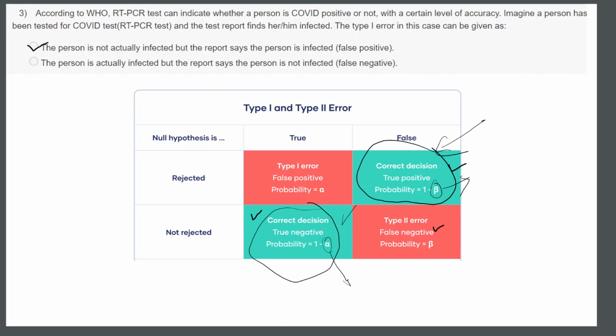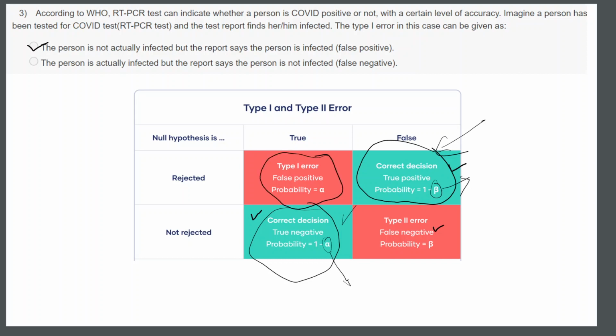So the actual problem is when the person is negative, which means actually he is not positive, but the report says he is positive. That is a false positive, which is called a type 1 error.